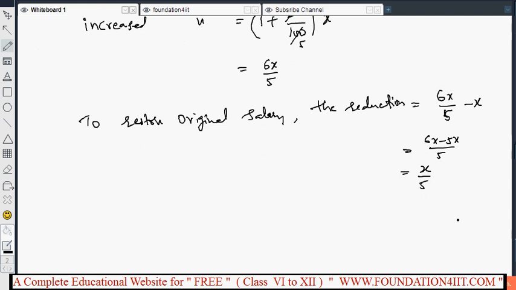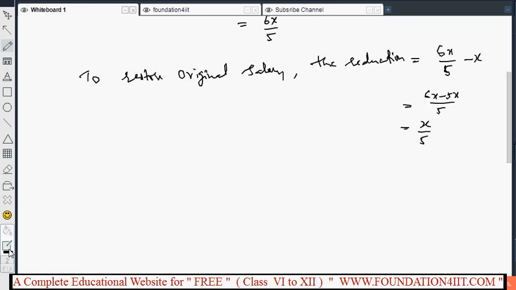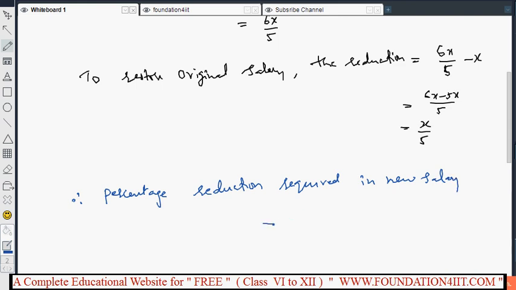Now we can find the percentage of reduction required in the new salary. The percentage reduction required is x by 5, by the increased salary 6x by 5, into 100.